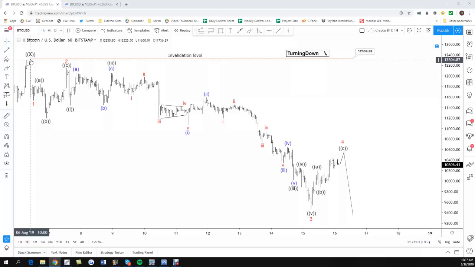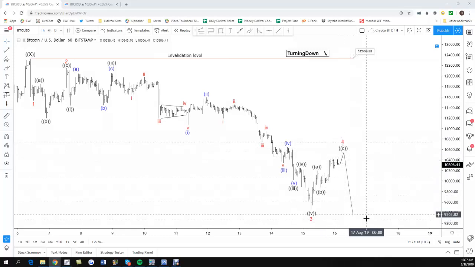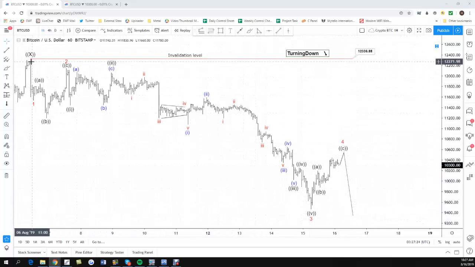Since it topped out at 12,336, it's been declining, and we are calling this a 1-2, and then this is your 3 with 3, and now we are in the 4 bounce. As long as the bounce fails below here, we could see one more leg lower in the wave 5 to finish a 5 waves down from this peak on the 6th of August.